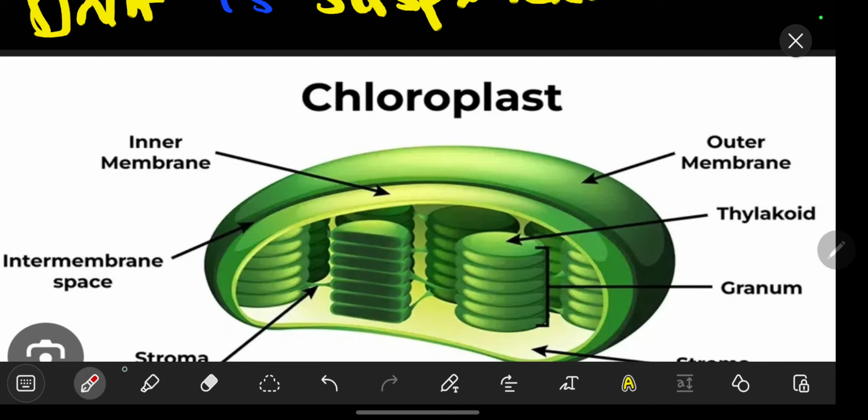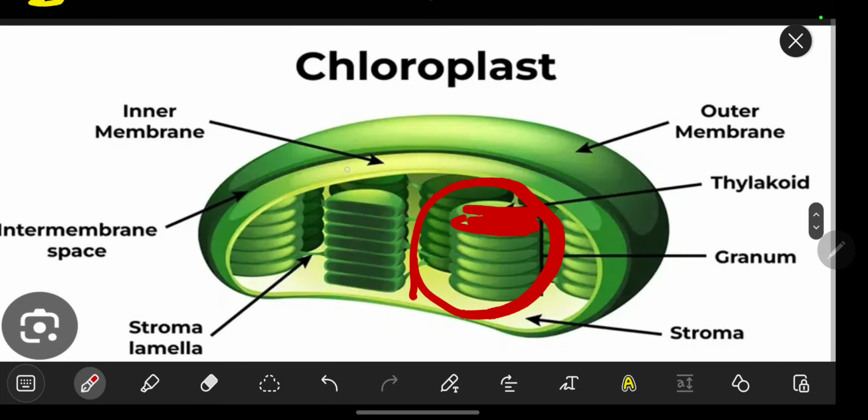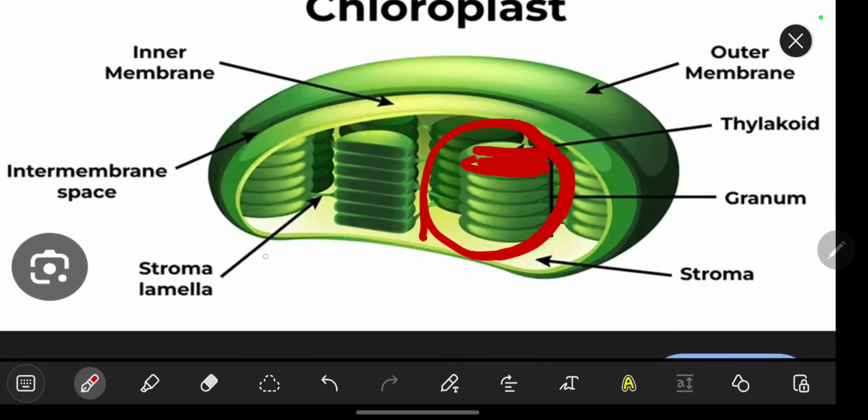So this whole thing is what we are going to be calling our grana. Then the thylakoid is just one there. Then we have the inner membrane, the outer membrane, and the stroma lamella, which is the connecting part between two grana like that. Then we have our stroma in which the DNA is suspended.